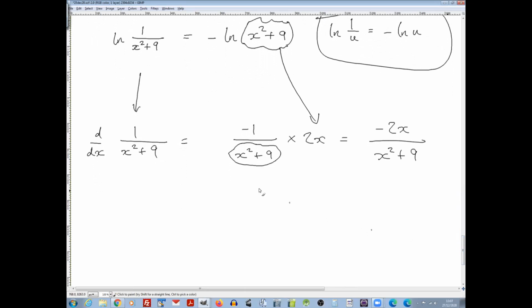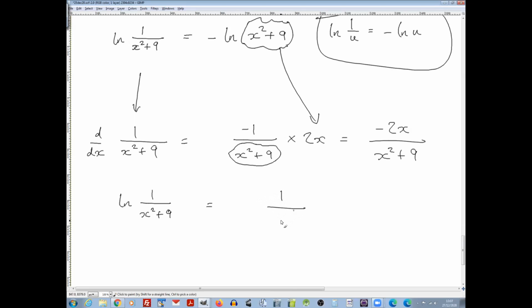Whereas if we tried to do it as a chain rule, I think we could still handle that. Let's do it as a chain rule instead of using that switch from log to minus log. What kind of inner function, what blob could we have instead? 1 over x squared plus 9, which is fine.